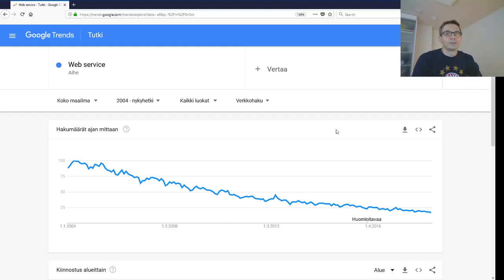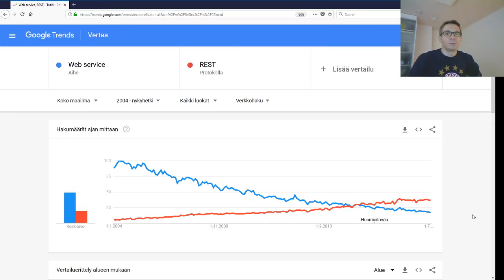We can also look into Google Trends to see how the searches for the topic web service have developed. We can actually see that starting from 2004, web service has been on a declining trend.